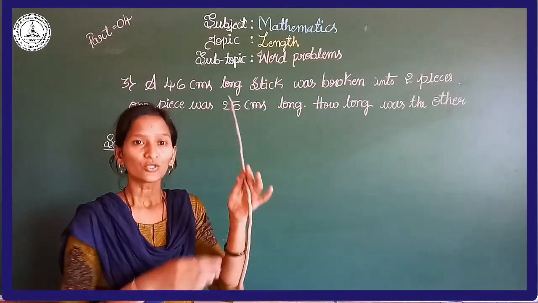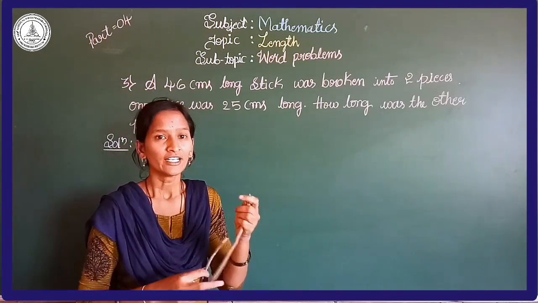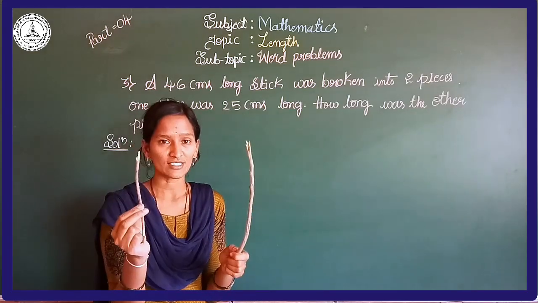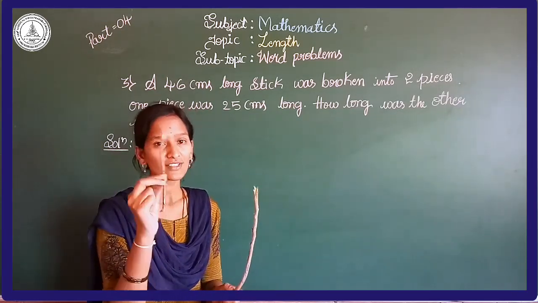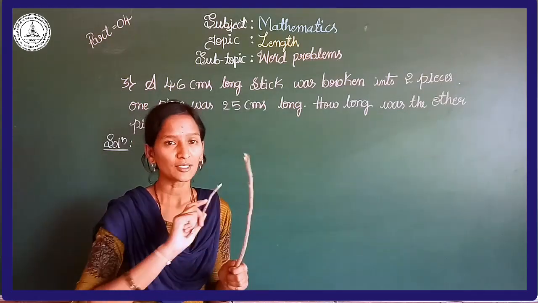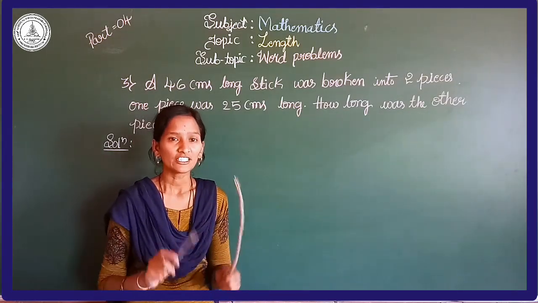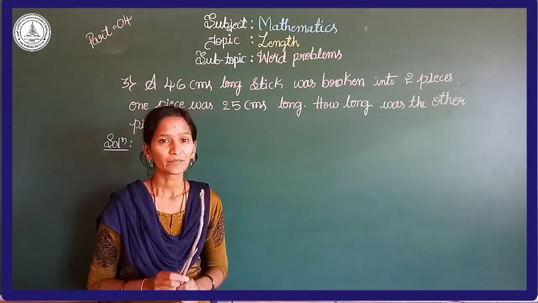So the total length is 46 centimeters. After it is broken, here are two pieces. The length of this piece is 25 centimeters. So now you have to find out the length of this piece. It means here you have to do a subtraction operation, right?